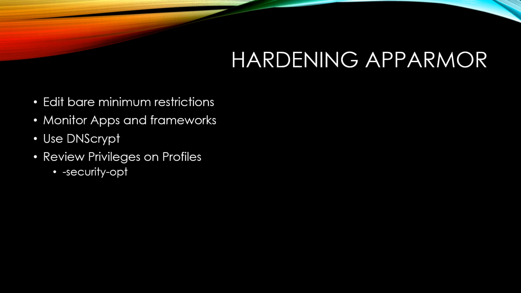You're also going to want to use DNS crypt, and what this is, it allows encryption for all DNS requests, and it helps prevent attackers from being able to penetrate the file system, which would leave only the kernel vulnerable to attack. So it helps keep your file system secure, and it makes it harder for attackers to gain access to sensitive information in your system.